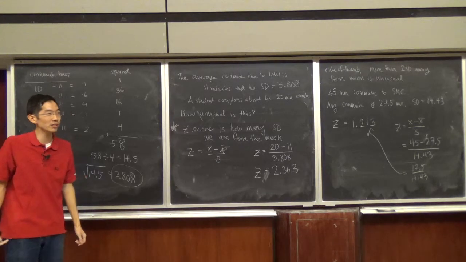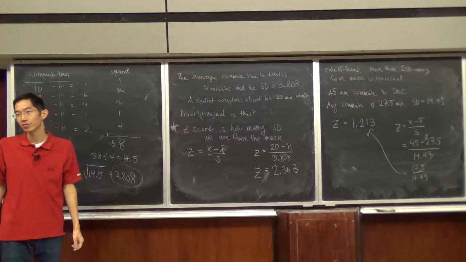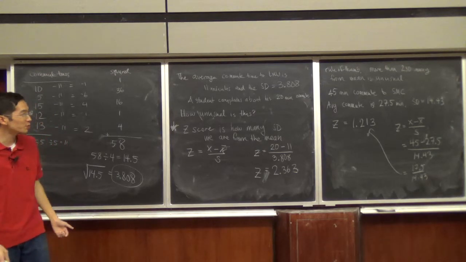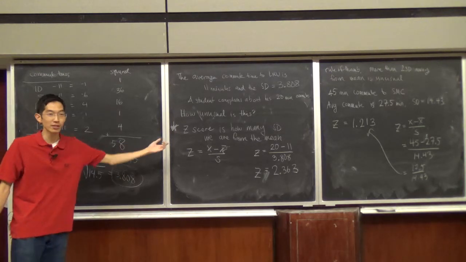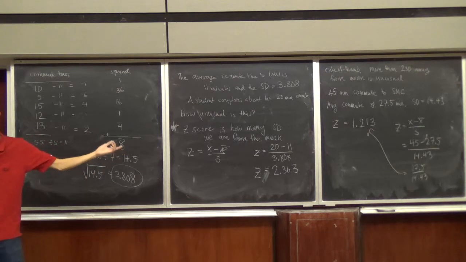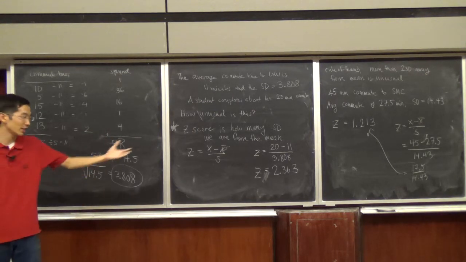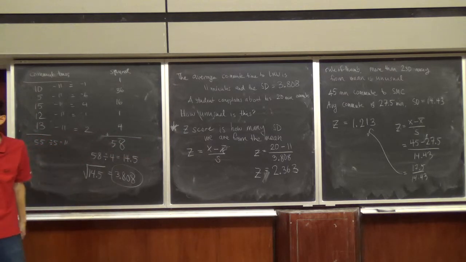Is it unusual to see a 30-pound dog? No. But if I tell you it was a 30-pound Chihuahua, you'd say, whoa, okay? And that is because the distance from the mean is very large compared to the standard deviation.